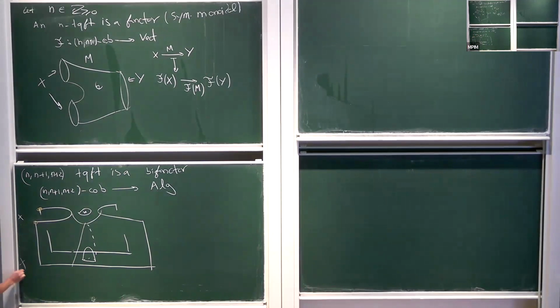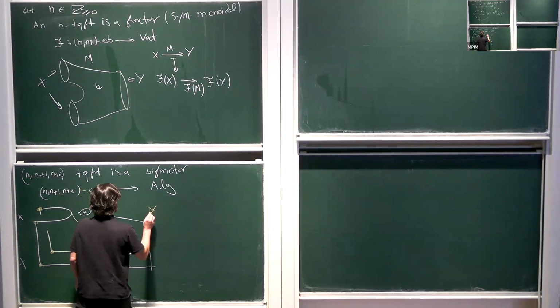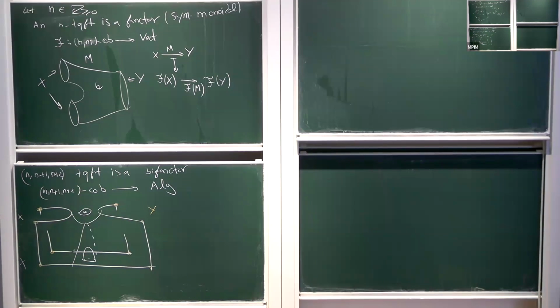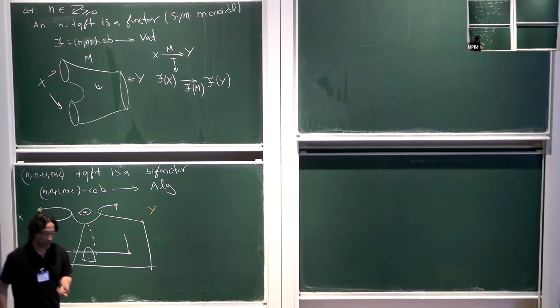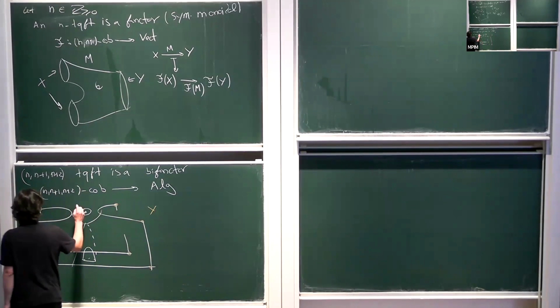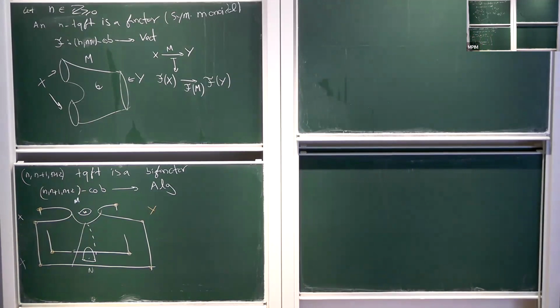And downstairs, I have again the manifold X consisting of this thing here and this thing here. On the right-hand side, I have a manifold Y, which, because I don't want to have too much work, is going to be the same as X. Then I have a cobordism between X and Y, which I will draw as N. I have another cobordism N from X to Y. And finally, this two-dimensional region is an extended cobordism from the top cobordism to the bottom cobordism.